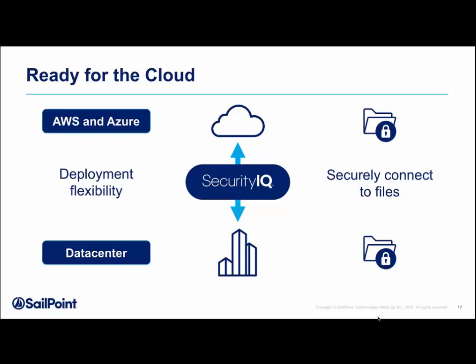And whether you choose to run Security IQ in the cloud or in the data centers, you can take advantage of the same identity governance functionality. So in either deployment scenario, Security IQ can securely connect to and govern sensitive data on premises and also in the cloud. Being able to connect to all of your storage environments is especially critical to maintain a strong security and compliance posture.